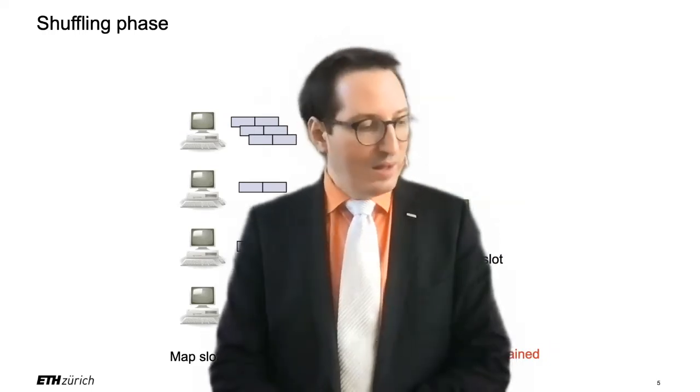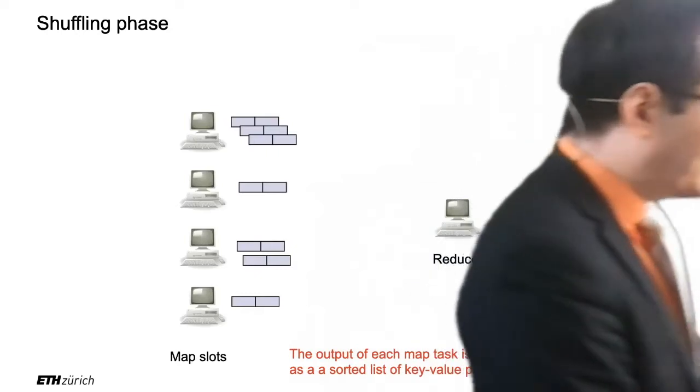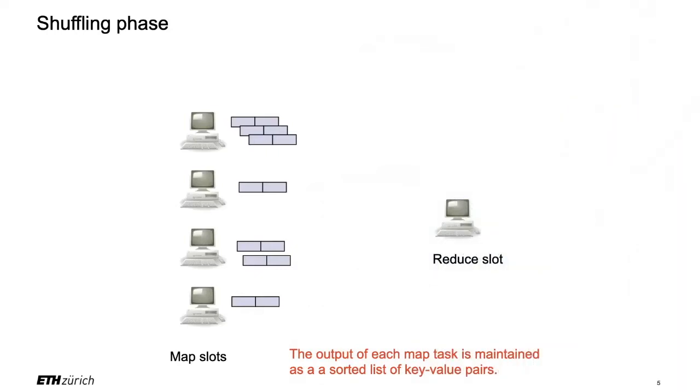A question that was asked last time is how do the reduce slots know which keys they have assigned? This is all decided centrally by the job tracker, right? There are ways to do that. For example, you could take the hashes of the keys and distribute the hash intervals to the slots, then they know exactly what they are responsible for.